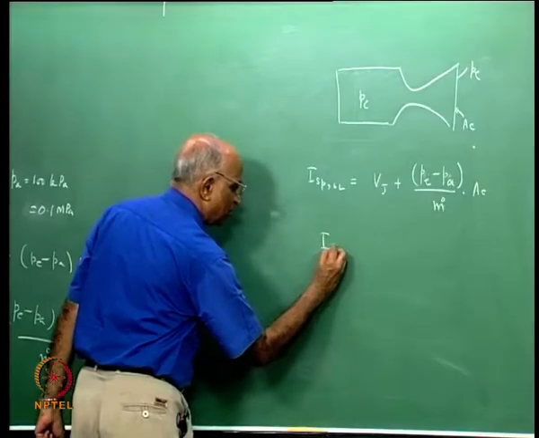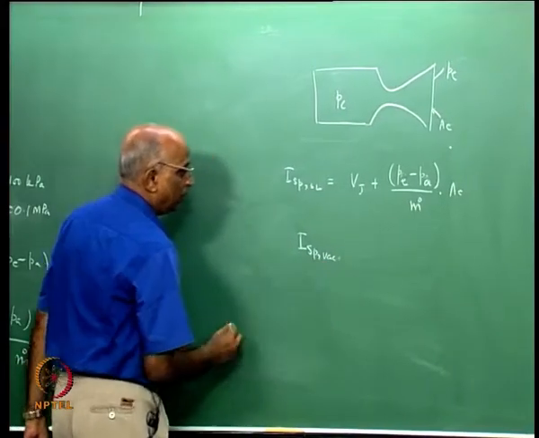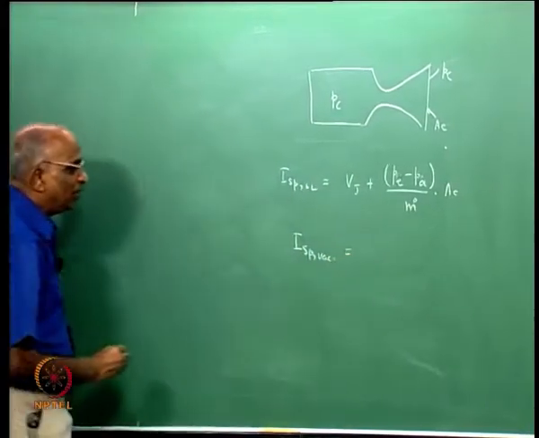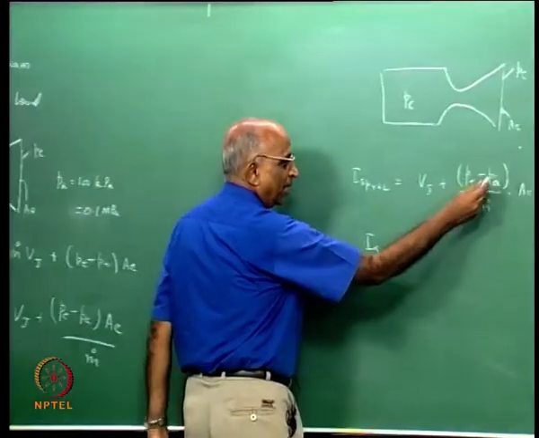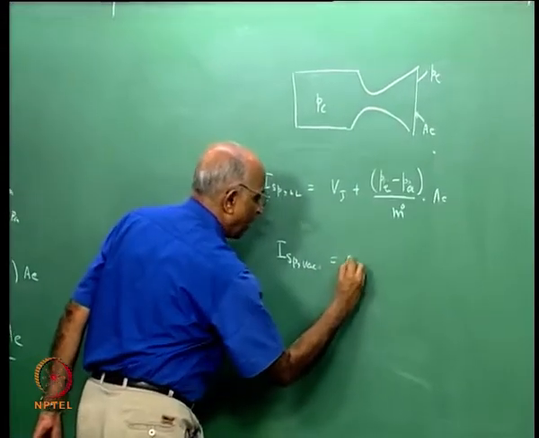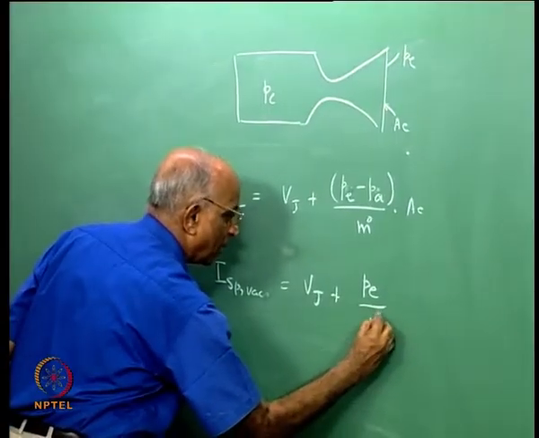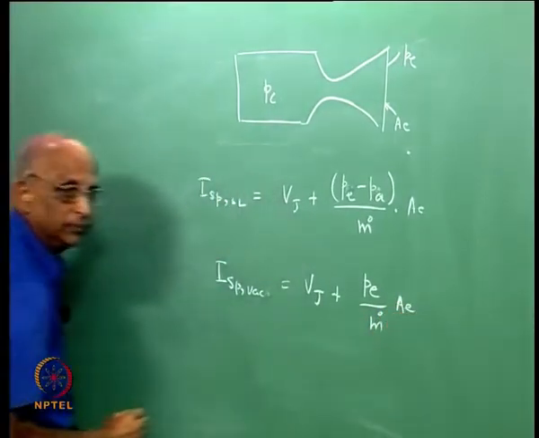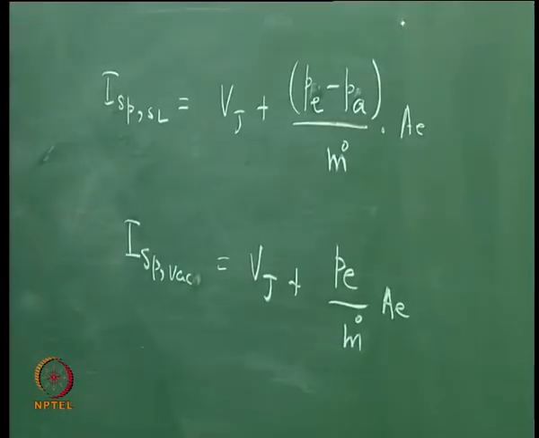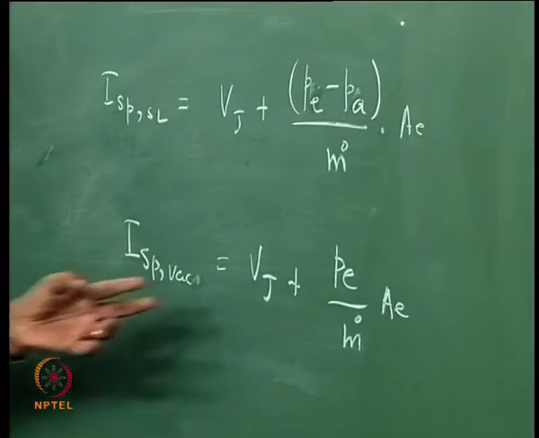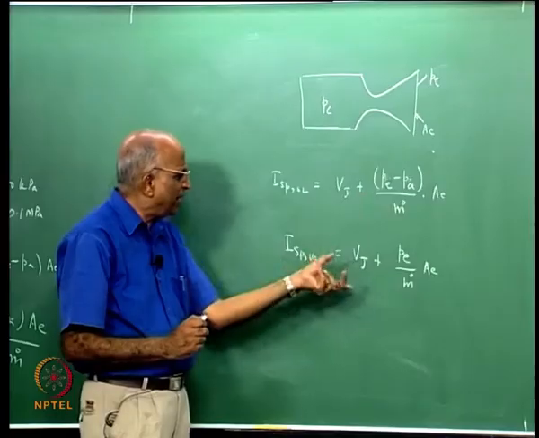I call it the vacuum specific impulse. Pa goes to 0, it is vacuum, therefore I have Vj plus Pe into Ae divided by m dot. In other words, the same nozzle fired in vacuum gives me a higher thrust because the minus Pa is missing over here. Can I relate these two?